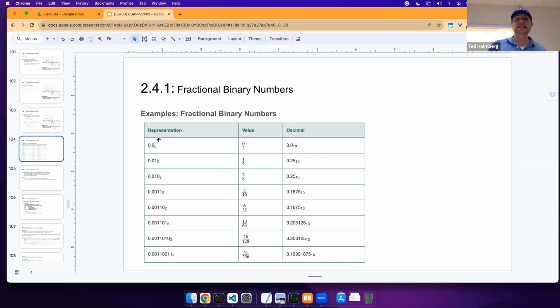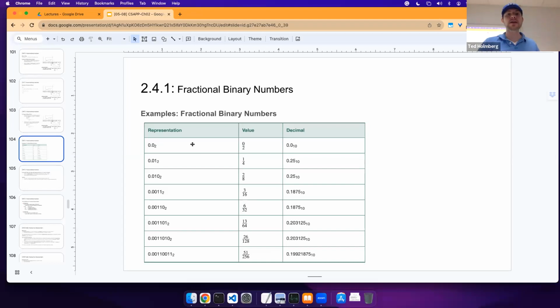This is a representation of 0, but this would be 1/4 as an example, 2/8, all the way until... the key that you should see is that the denominator of our fractional number is based off of how many bits we go back.